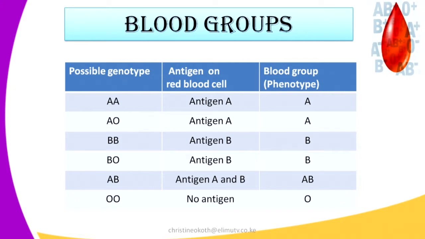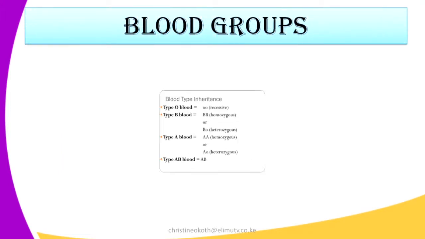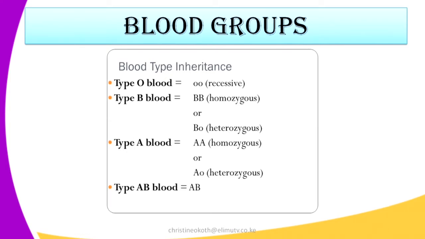Then, when you have blood group AB, it means you have both the antigens A and B present. And lastly, we have the blood group O. It means you have no antigen. So you have the genotype O and O.